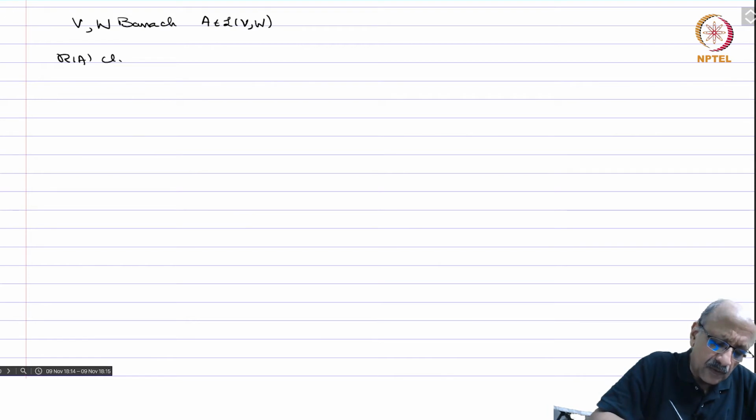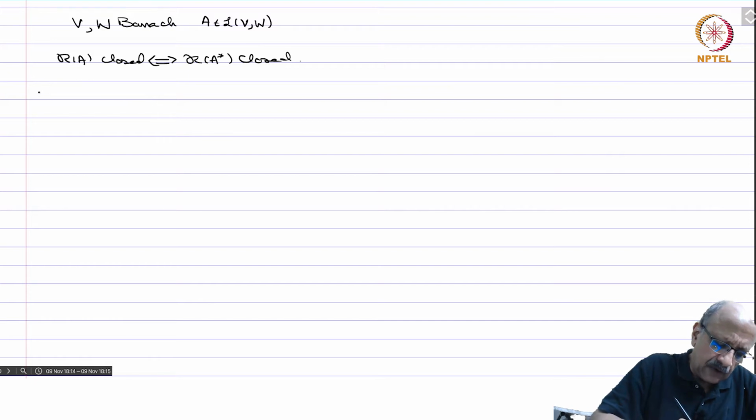So we have that if V, W Banach and A belongs to L(V,W), then we have range of A closed if and only if range of A star is closed.